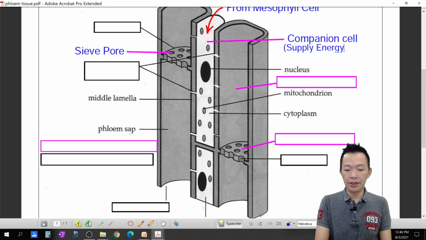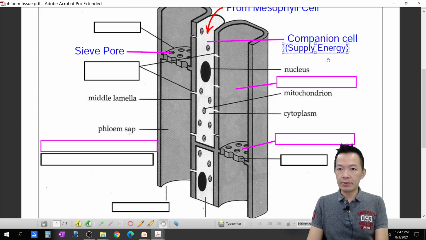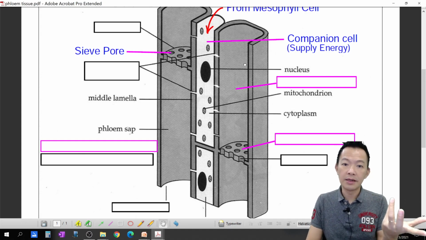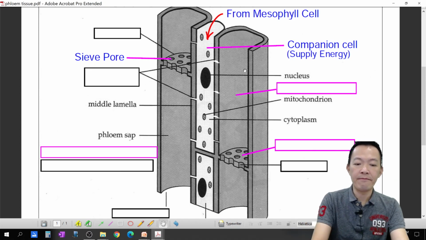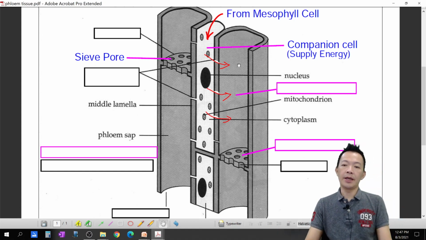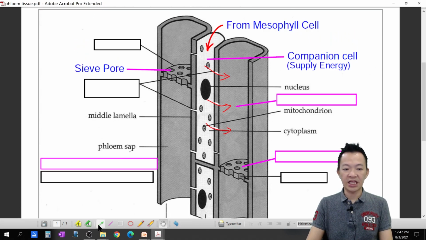So the companion cell with its mitochondria stores energy as ATP. What is it going to supply the energy for? For the active transport of the food material from the companion cell to the sieve tube. So the companion cell supplies energy for the process of active transport.